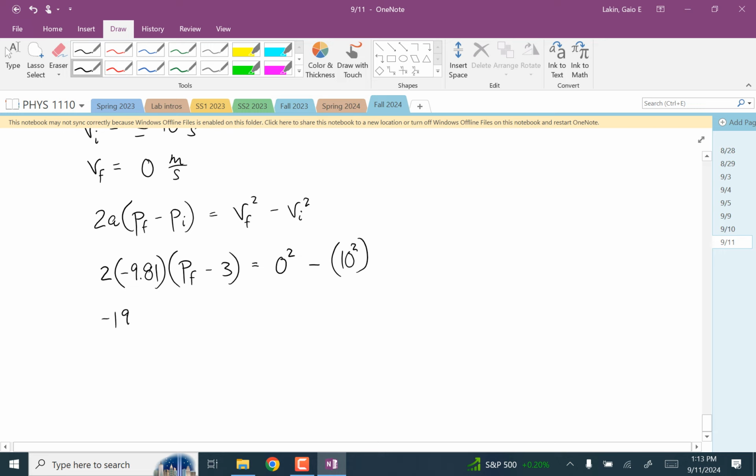So we have negative 19.62 times the quantity PF minus 3 is equal to negative 100. Divide both sides by negative 19.62, and you get PF minus 3 is equal to 5.08.